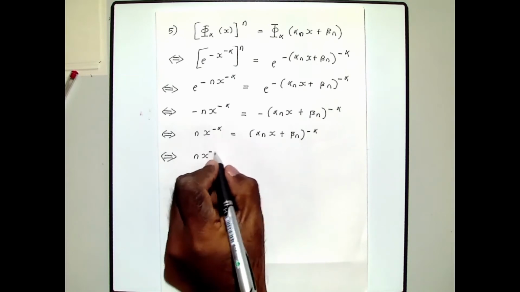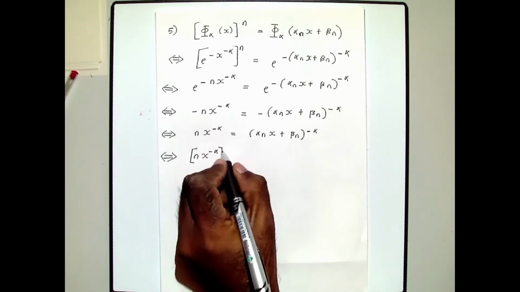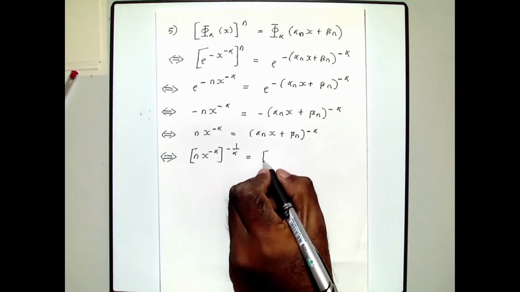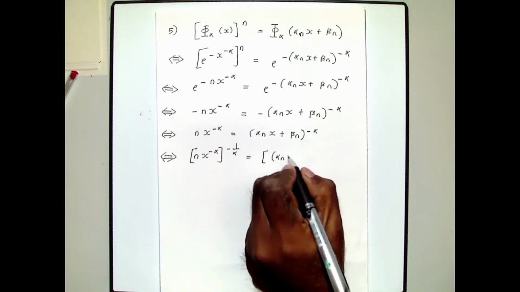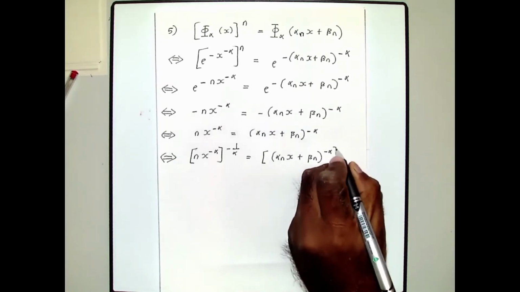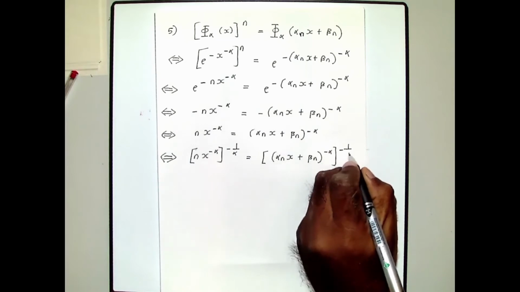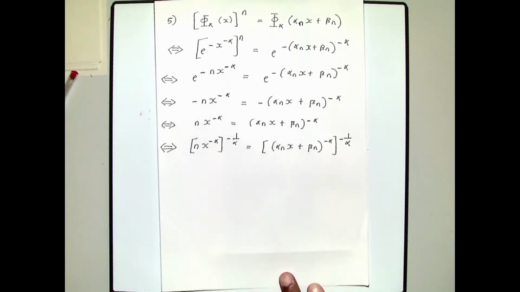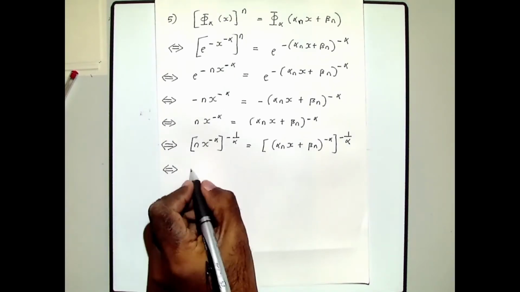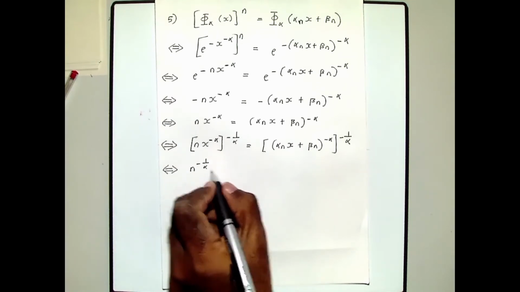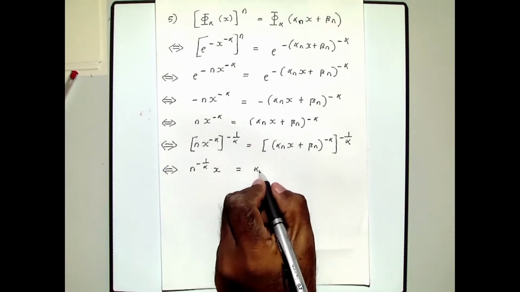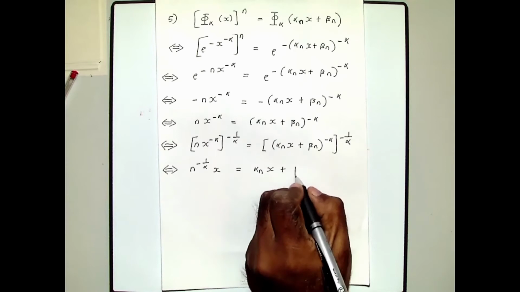So whatever you have on the left hand side, I'm going to power this to this, and the same thing on the right hand side. So this guy here becomes n to the power minus 1 over alpha times x, and the right hand side becomes this.